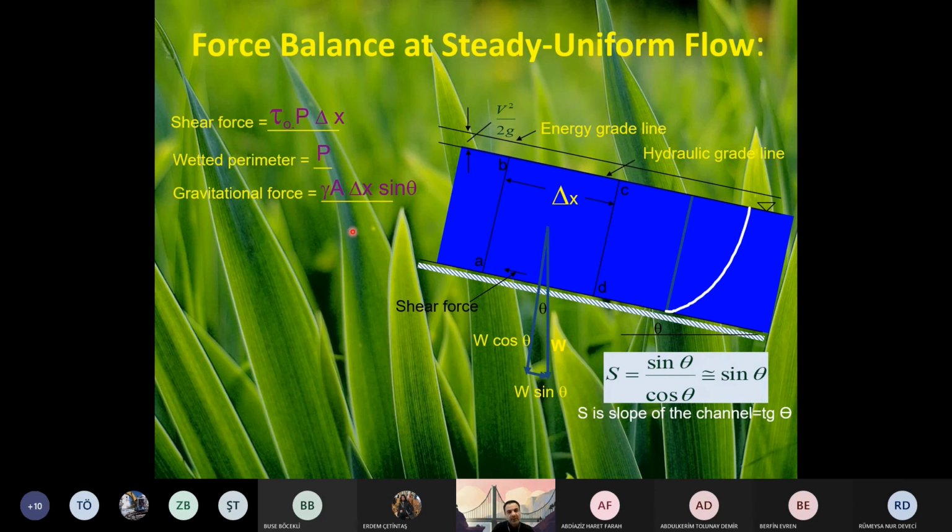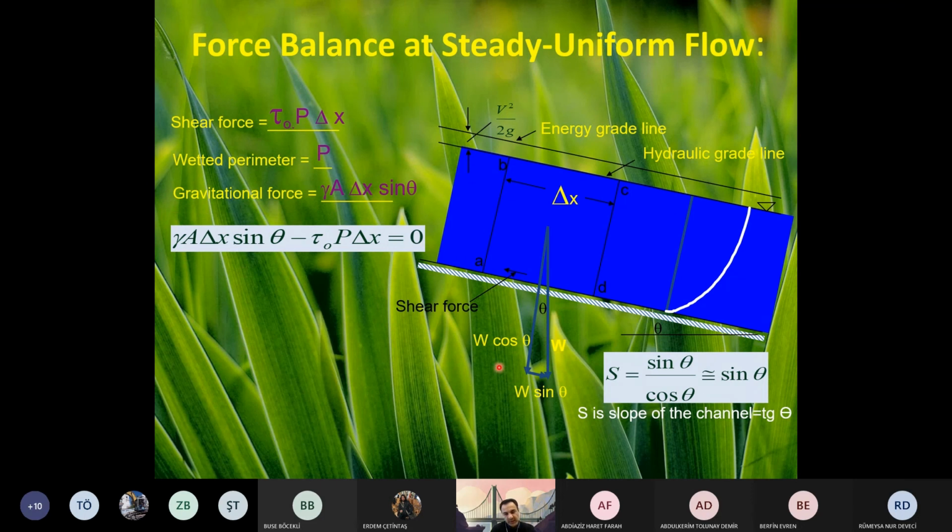Flow depth. Therefore, this is my weight W, and times sine of theta. It is gravitational force. So what we said, we have force balance. We have force balance because this is uniform flow, force balance. And we said that sigma F, or net force, equals 0. This is my sigma F equals 0.